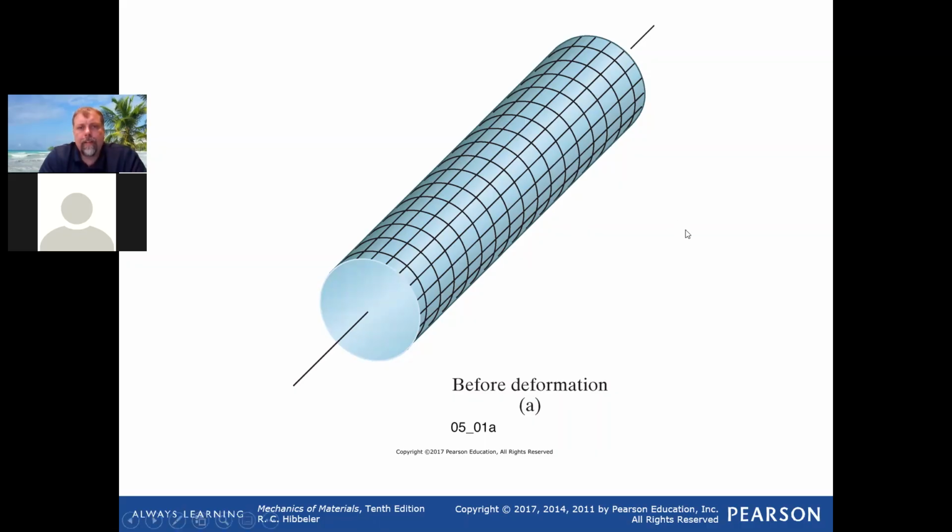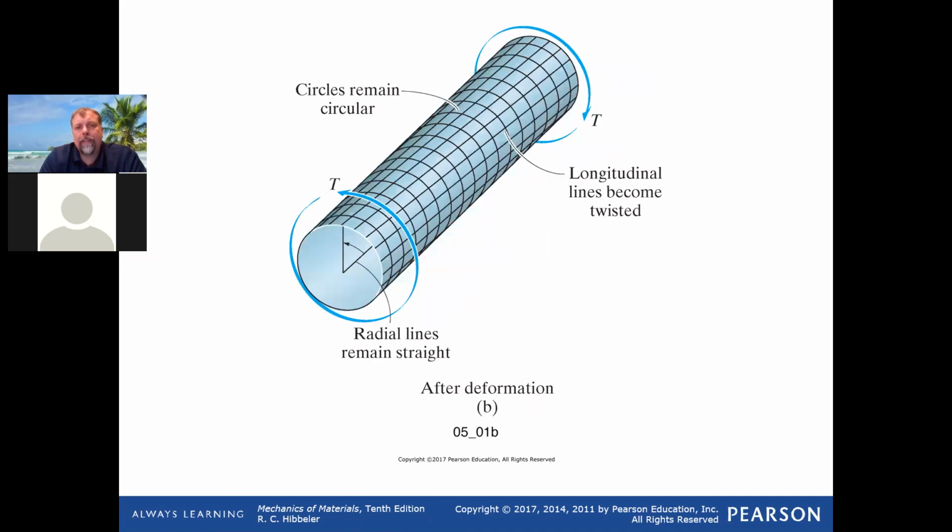The figures that are being discussed are looking at a solid circular shaft before a torsion is applied, and then after a torque is applied, that's just going to result in that twisting motion.